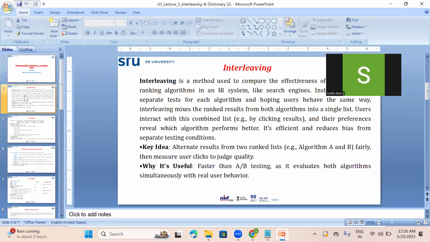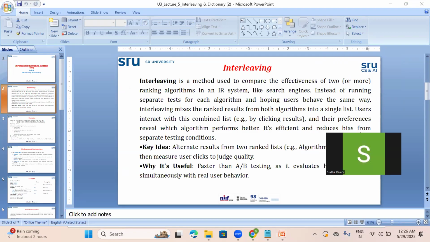Interleaving. Interleaving is a method used to compare the effectiveness of two ranking algorithms in an IR system, like search engines. Instead of running separate tests for each algorithm and hoping users behave the same way, interleaving mixes the ranked results from both algorithms into a single list.